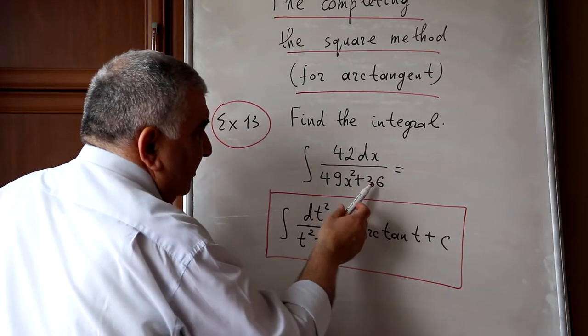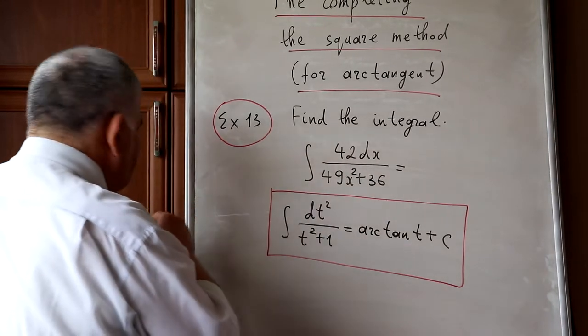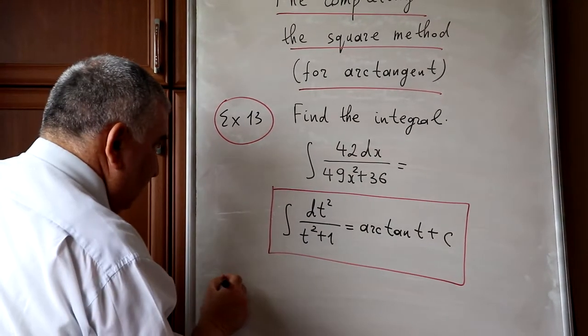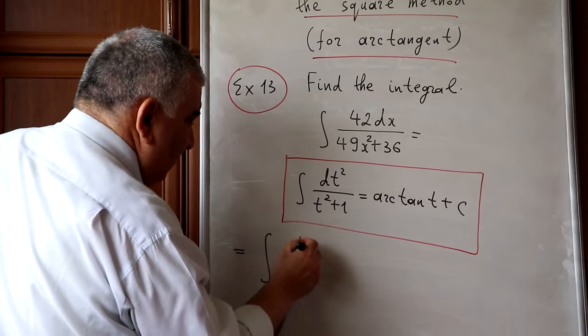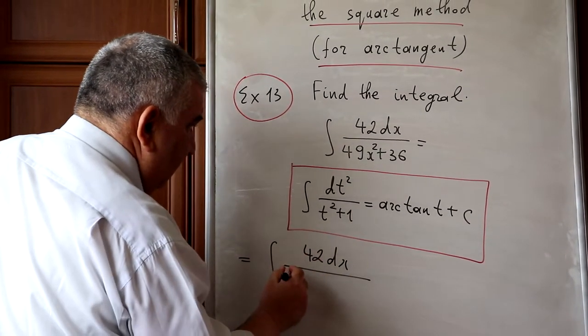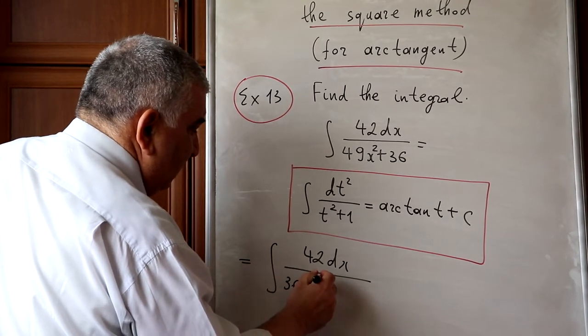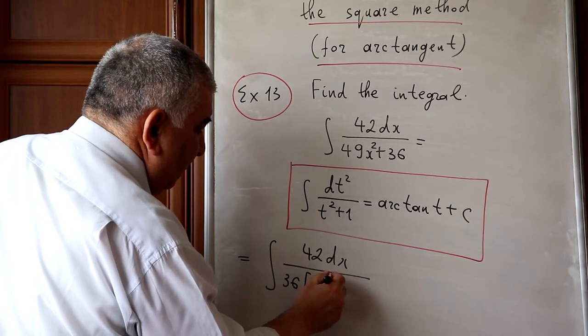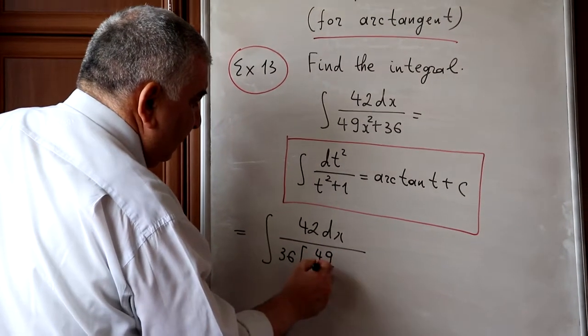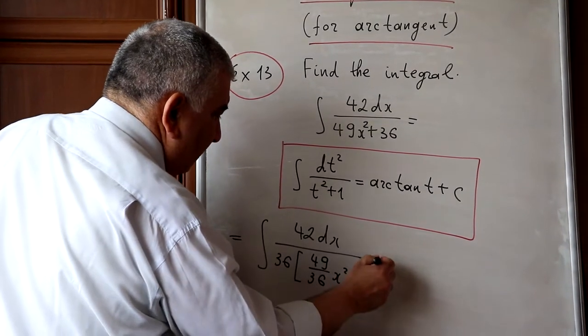For this, take 36 out of the bracket in the denominator. Equals integral of 42 dx over 36 multiplied by 49 over 36 x squared plus 1 equals.